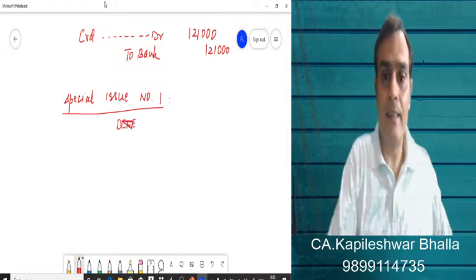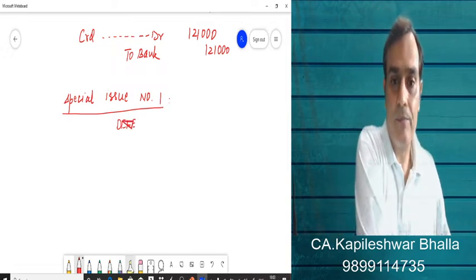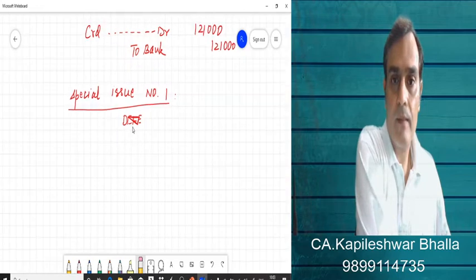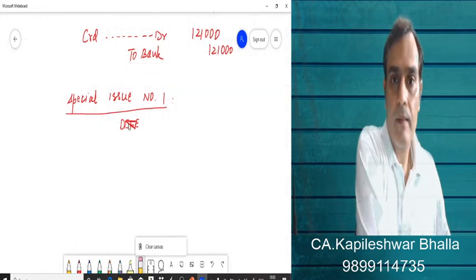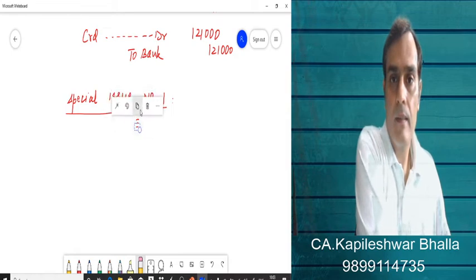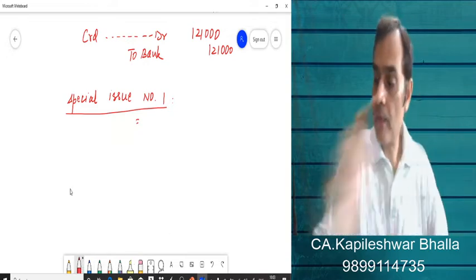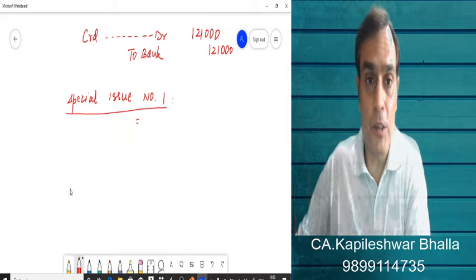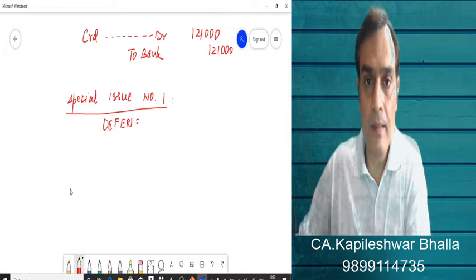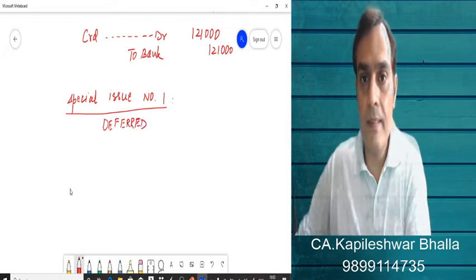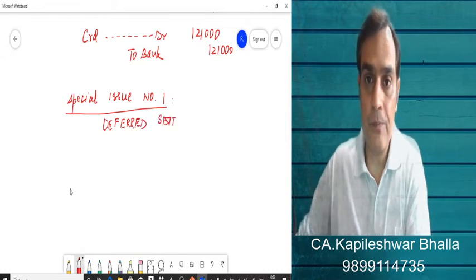So special issue 1 is deferred settlement terms.